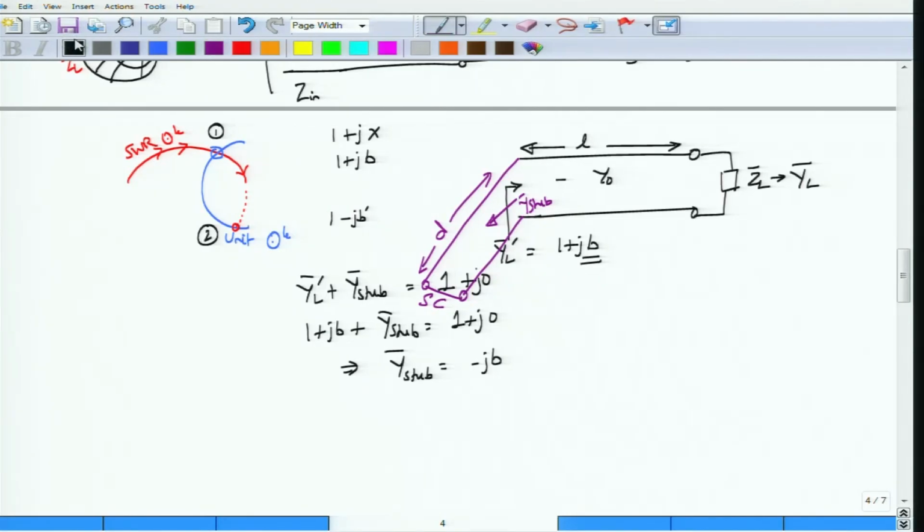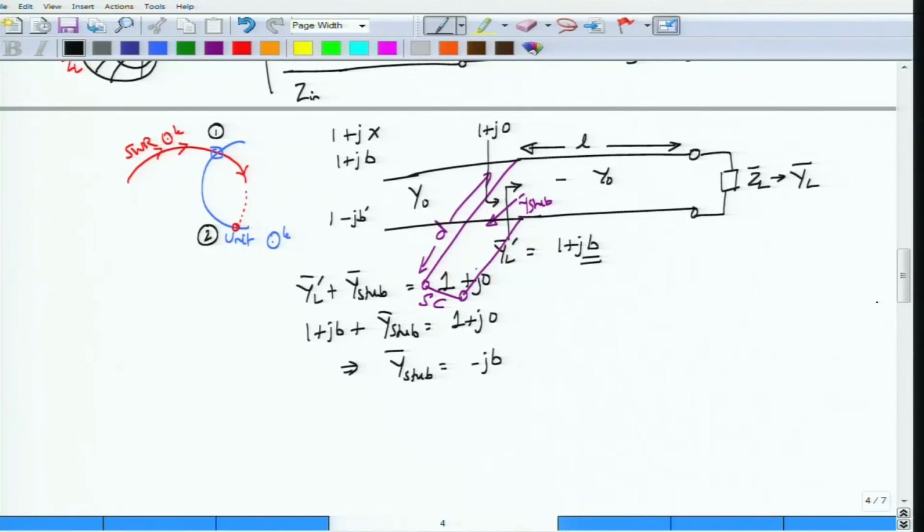So the total admittance seen to the left of the stub would be equal to 1 plus j0, and the transmission line is matched and there won't be any reflections. Okay, so this is basically the idea.